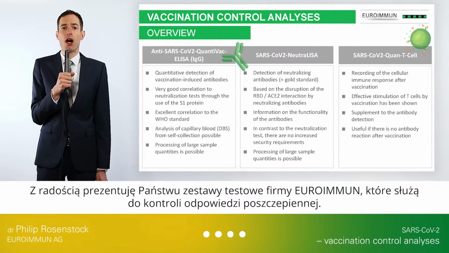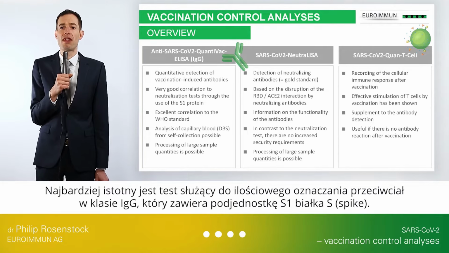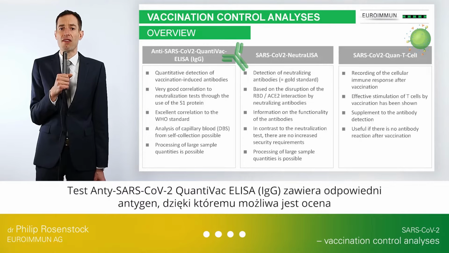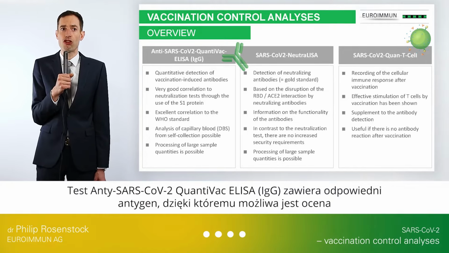So now I'm happy to present to you the trio of vaccination control analysis EUROIMMUN can provide. First of all, most prominent, that's the regular quantitative IgG antibody assay that contains the spike subunit S1. This assay, the SARS-CoV-2 Quant-T-Cell IgG ELISA, contains the appropriate antigen to detect immune responses after vaccination.